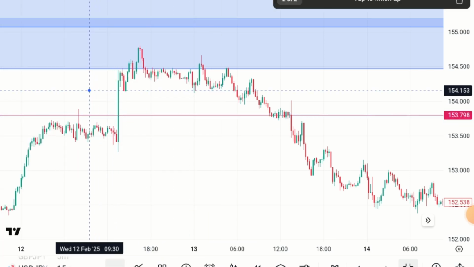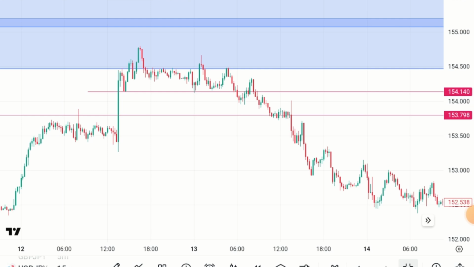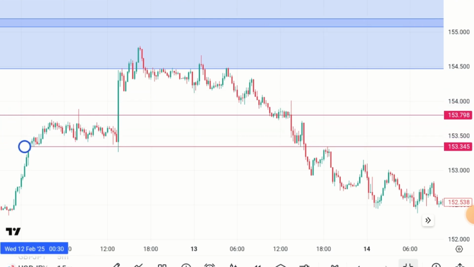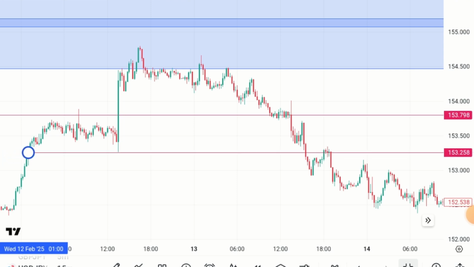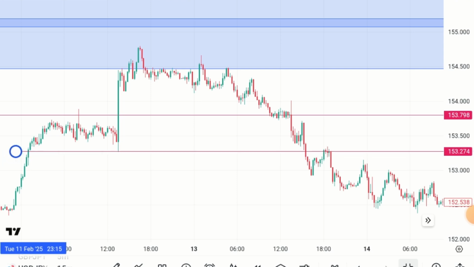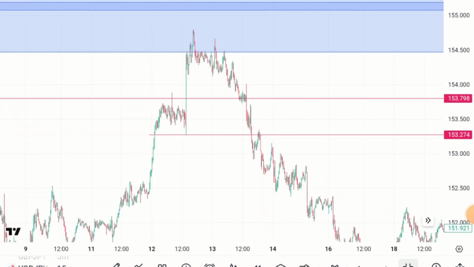When you look at this low, this one, it's not a valid low. The valid low that we were supposed to look at is here, because those people who use SMC would wait for the market to come in and break that low before they enter the trade.